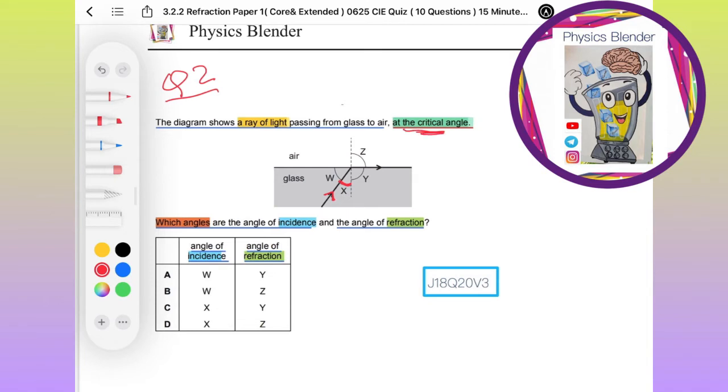So it's passing to air at the critical angle. So X is the critical angle. So how will it behave? It will refract at the boundary. So in this case, the angle of refraction is 90 and the correct answer is D.